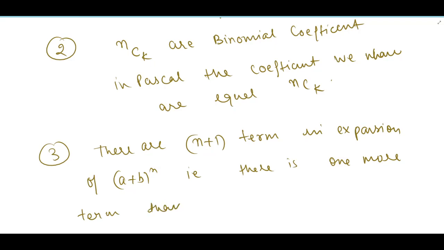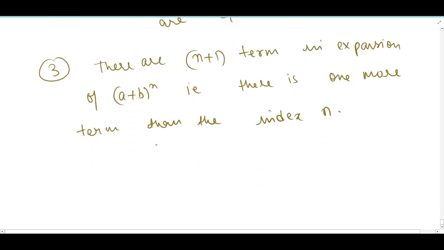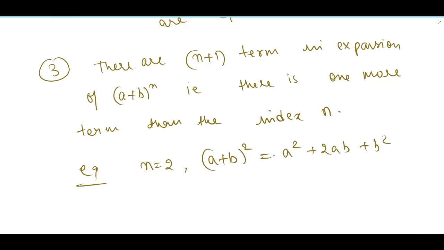For example, if we take n equal to 2, then (a plus b) whole square is equal to a square plus 2ab plus b square. So we can see when the index is 2, after expansion we got 3 terms: 1, 2 and 3.